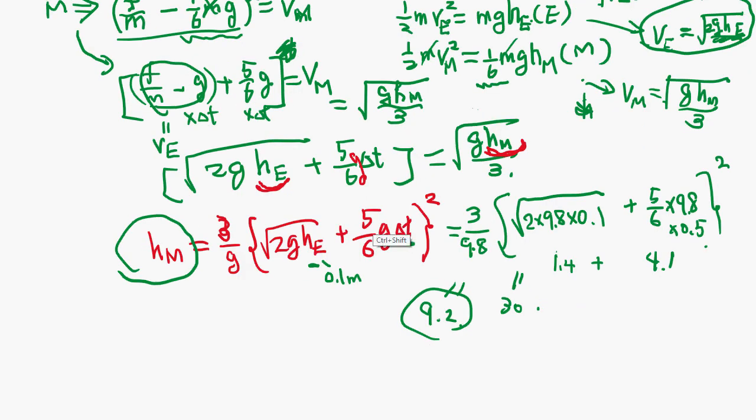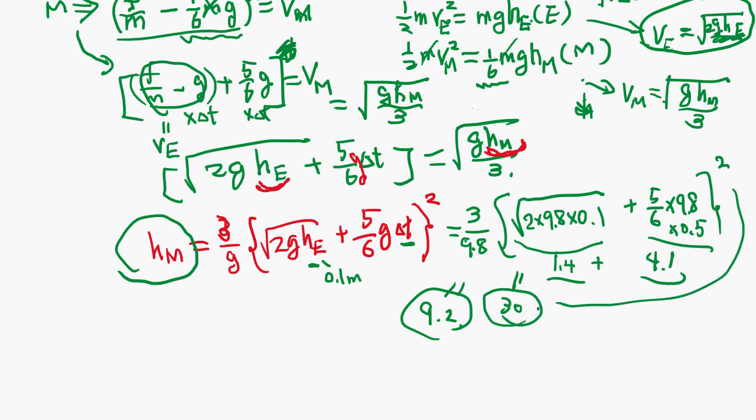Okay, I'm back. This part becomes 1.4, this 4.1, and this square, this whole thing becomes 30. And 30 times 3 divided by 9.8, 9.2.